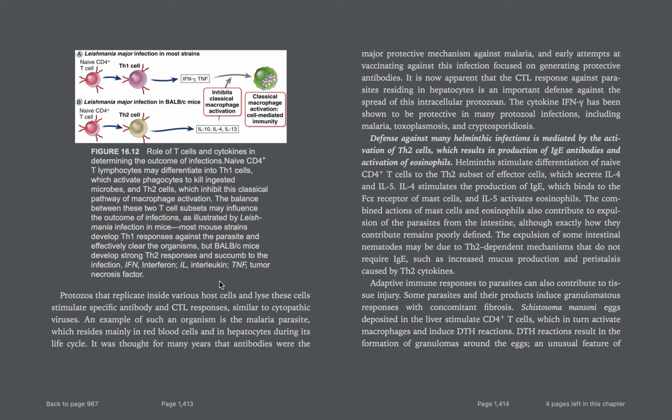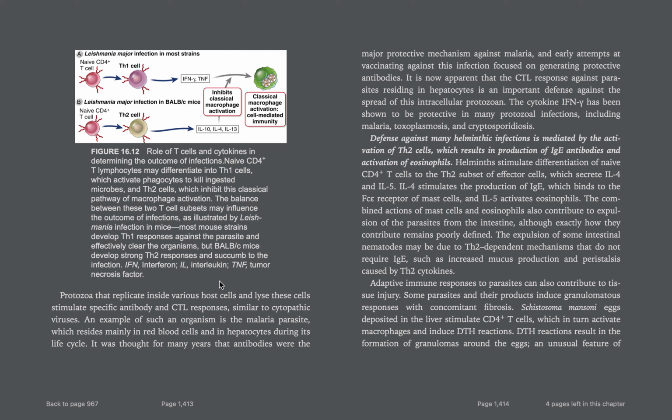Protozoa that replicate inside various host cells and lyse these cells stimulate specific antibody and cytotoxic T lymphocyte responses, similar to cytopathic viruses. An example of such an organism is the malaria parasite, which mainly resides in the red blood cells and in the hepatocyte during its life cycle.